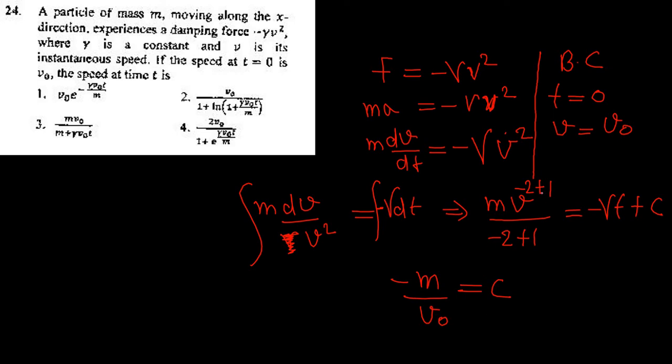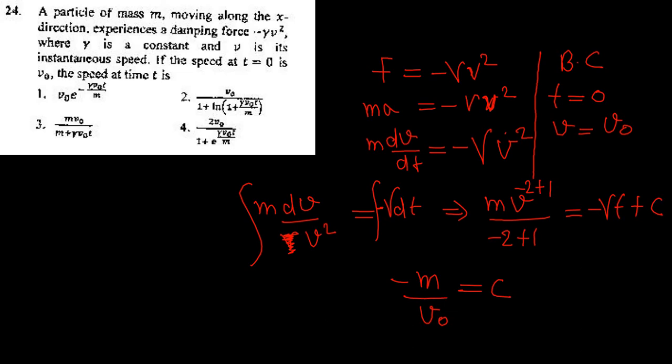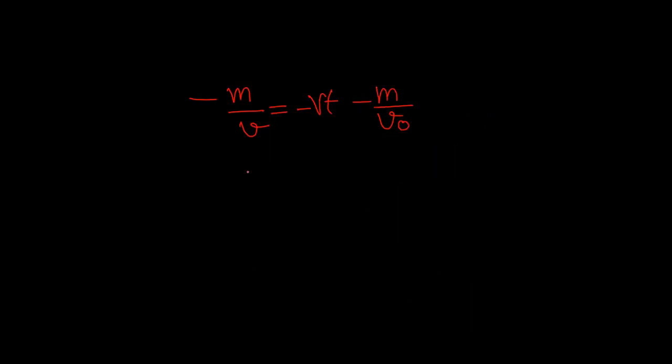So now put the value of the constant in this equation. You will get minus m upon v is equal to minus gamma t minus m upon v naught. Now find out the value of v. Taking the LCM, this will become v naught, and minus minus will become plus, so gamma t v naught plus m.